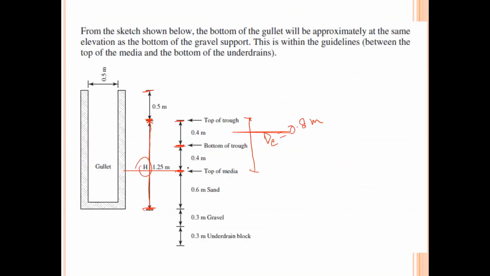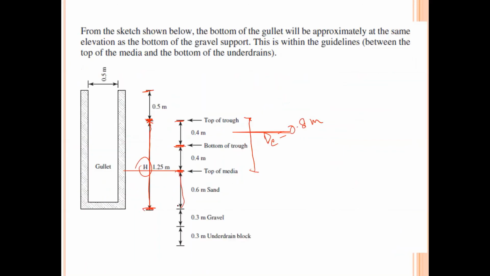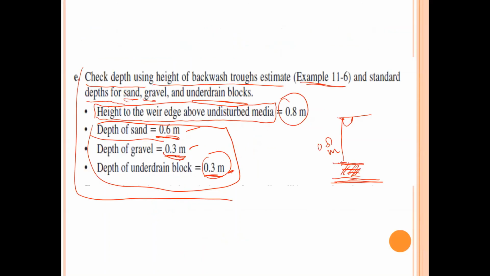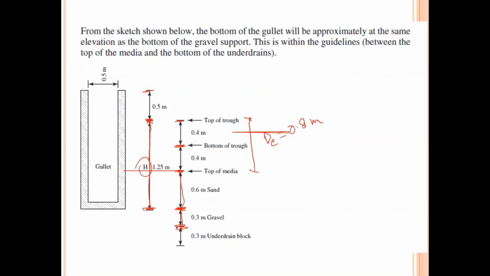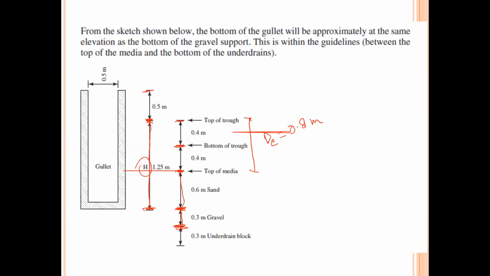Now we take the depth of sand as 0.6 meter. The total here is up to 0.6 meter, and then 0.3 meter of gravel here, and then 0.3 meter of underdrain block here.